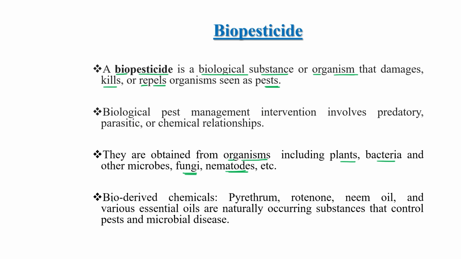So what are the examples? These bio-derived chemicals include pyrethrum, rotenone, neem oil. These are the extracts obtained from various sources: plants, bacteria, fungi, etc. First is pyrethrum, rotenone, neem oil, and various essential oils.